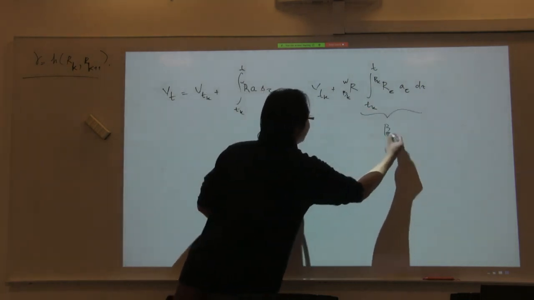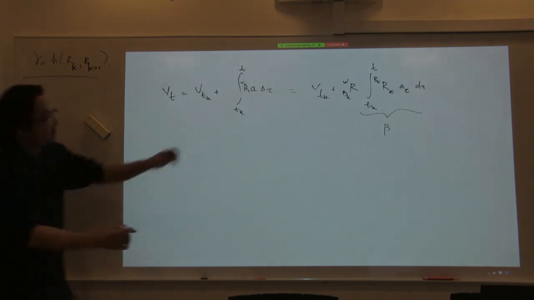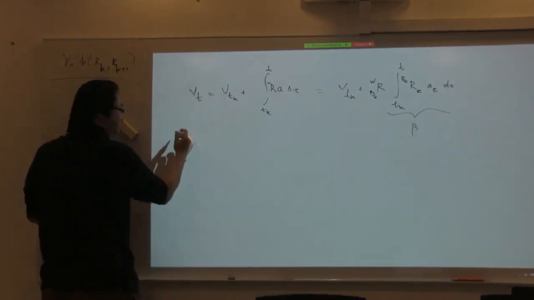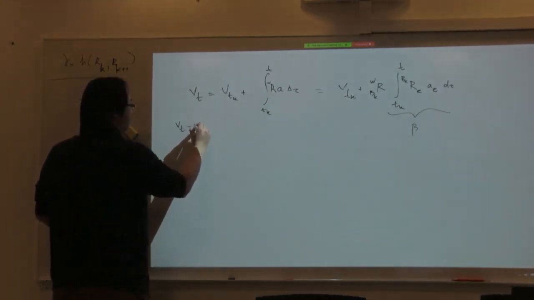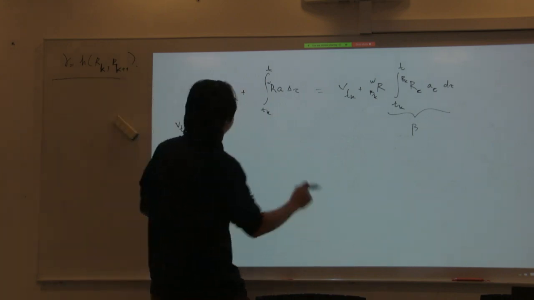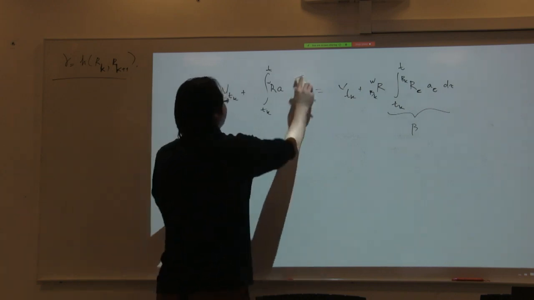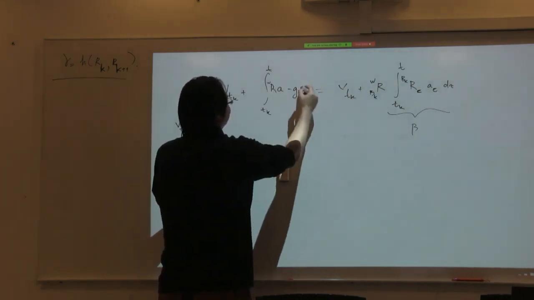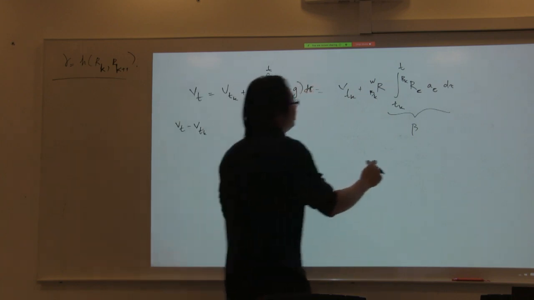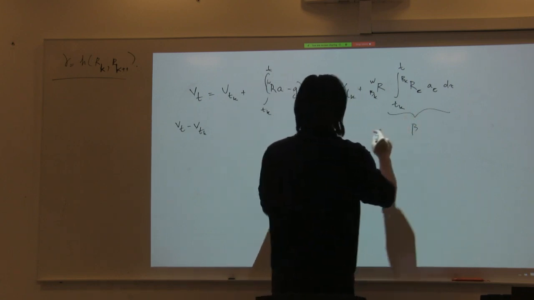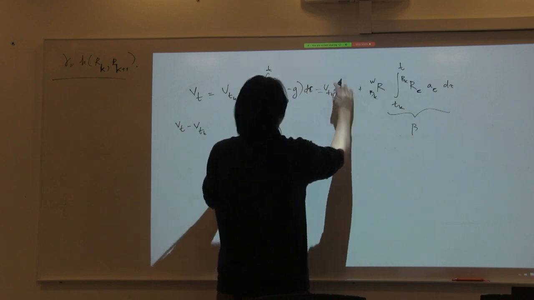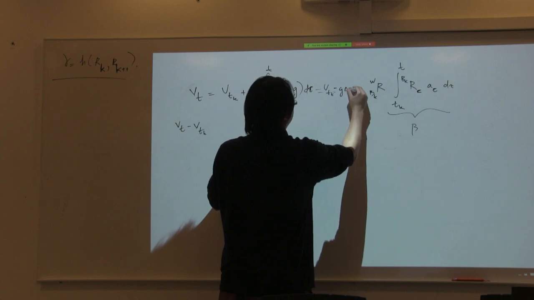This is beta. Everything in this integration is beta. You throw everything back to this side, and what you have is v t minus v tk minus g delta t.